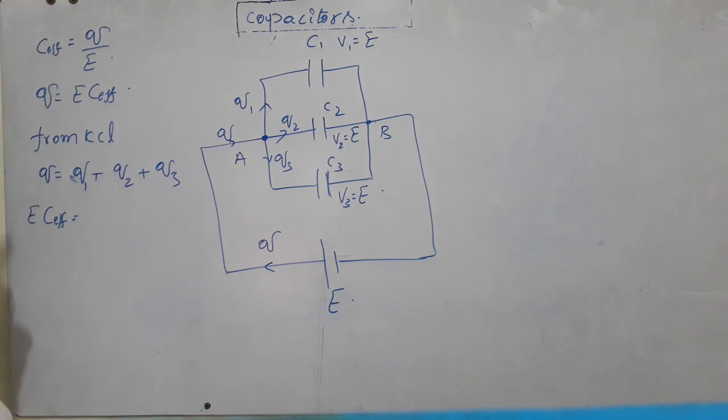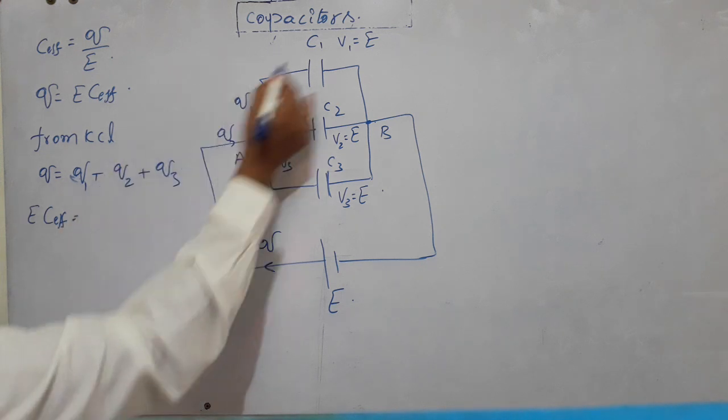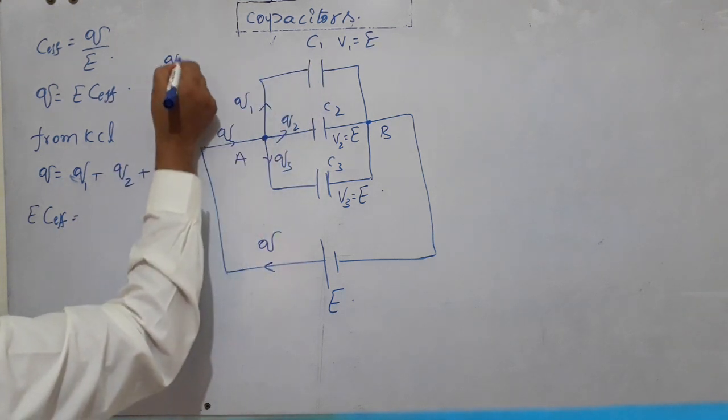From this it is clear that in parallel combination the voltage will be the same for each and every capacitor. So E into C effective is Q1 is equal to C1 V1.